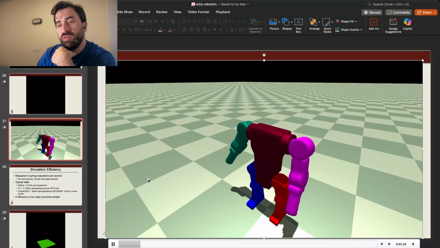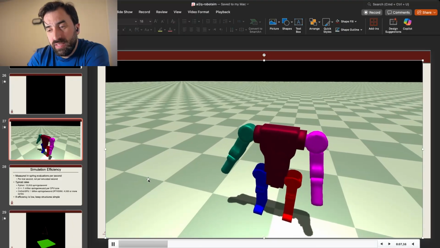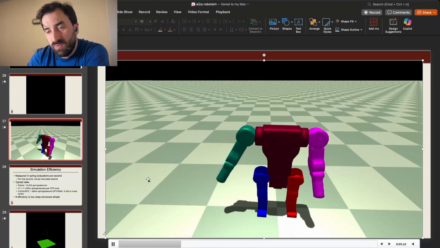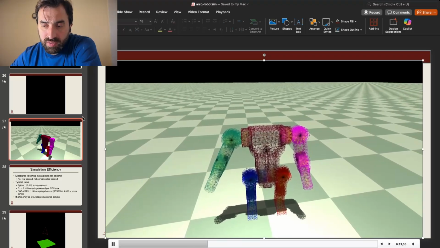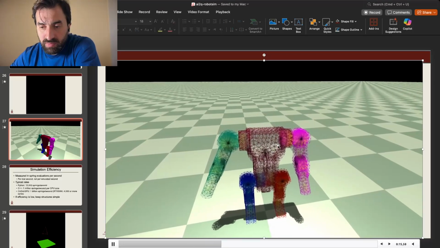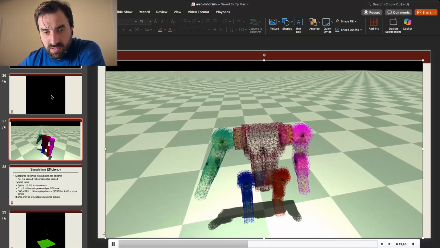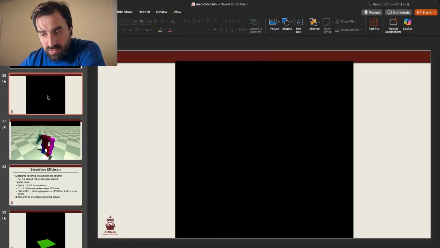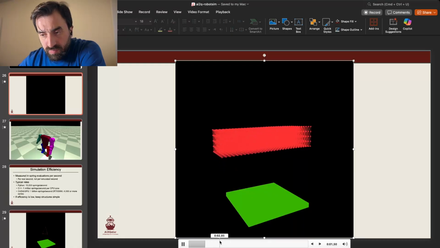Here is an actual human-shaped robot that is built using the spring mass model. Inside of it are all these springs and masses, and it's covered with a surface that you can see. Here's also another object.